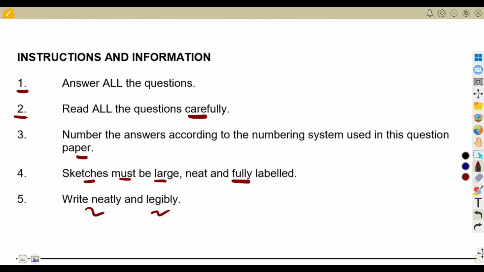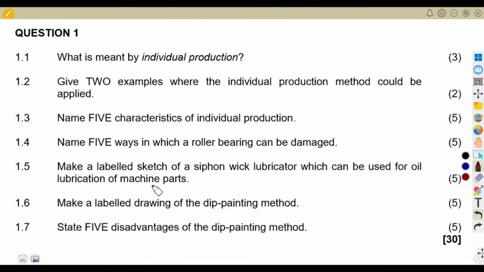All right, we're just going to quickly check our questions, how they are given. You are supposed to understand the concept of your questions, like I said before. We've got questions under the theory part, where you need to know your theory, understand your diagrams, the sketching of your diagrams, and the explanations.